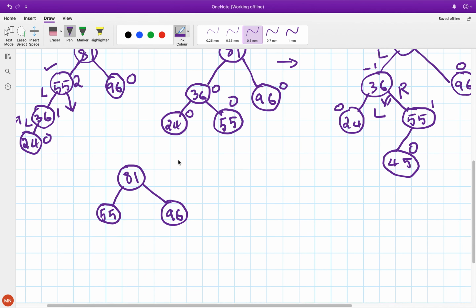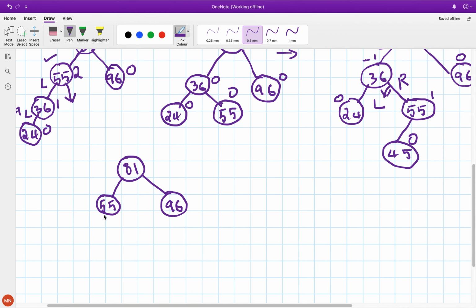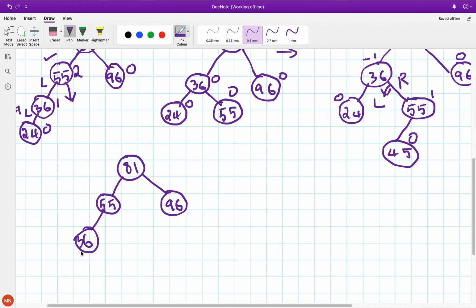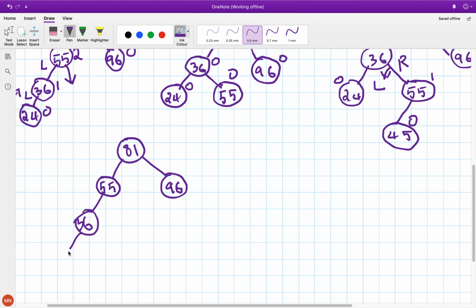So you have 81 to 55, then you have the number 36, then below that you have the number 24, then you take this 45 from the left of 55, then you connect it to the right of 36. So this is the number 45.